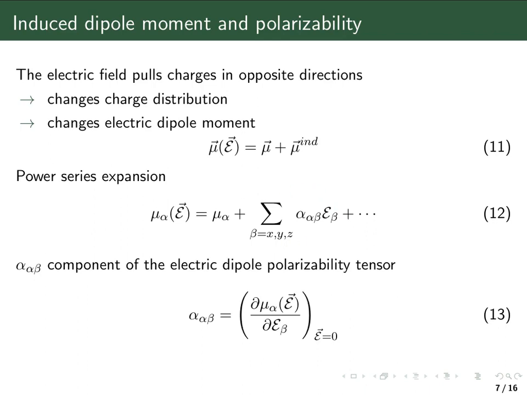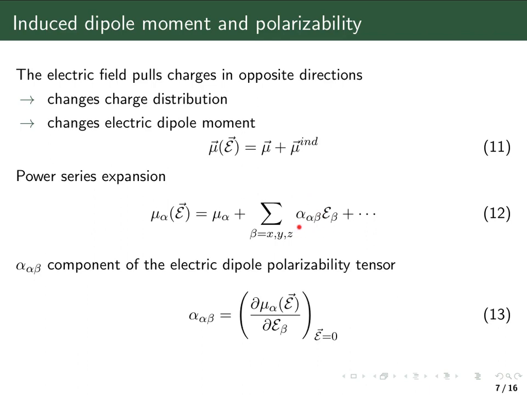So this term is linear in the strength of the electric field, and the next term is going to be quadratic, and then it will be a cubic term. But for the purpose of this lecture, I stop after the linear term. And I have here a proportionality constant. Actually I don't have one proportionality constant, but basically I have 9, because all three components of the dipole moment, x, y, and z, can in principle be influenced differently by the different components of the electric field.